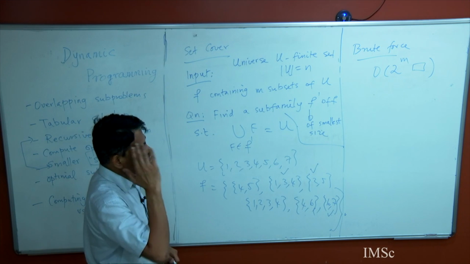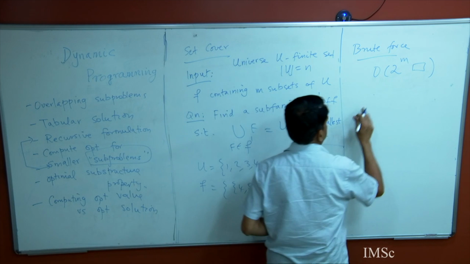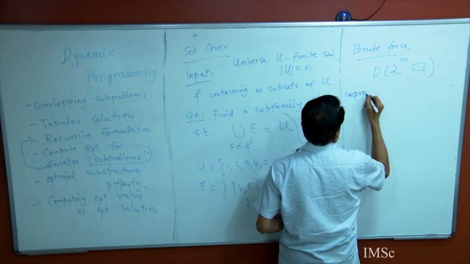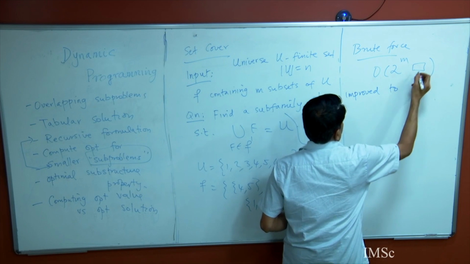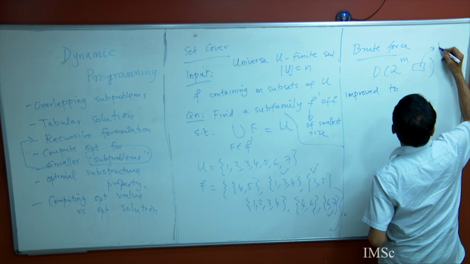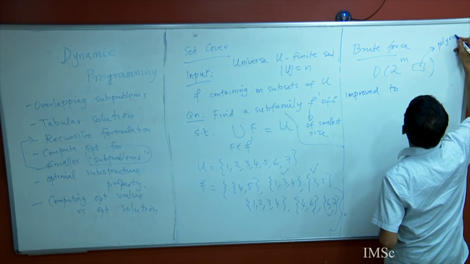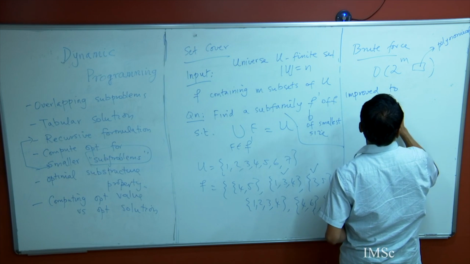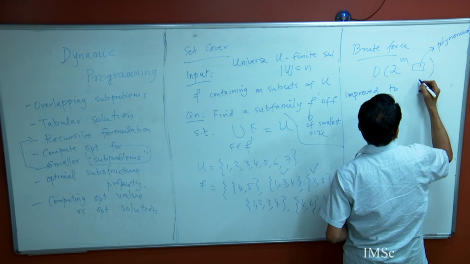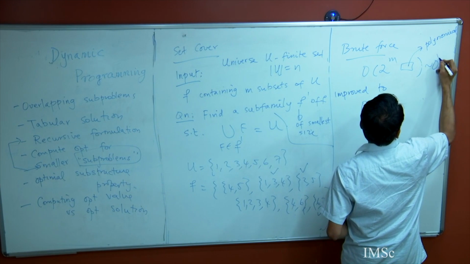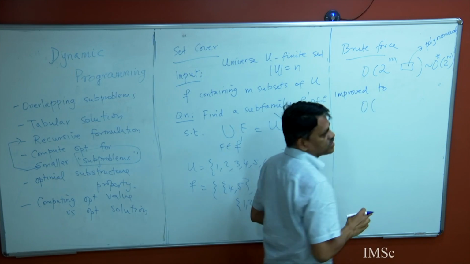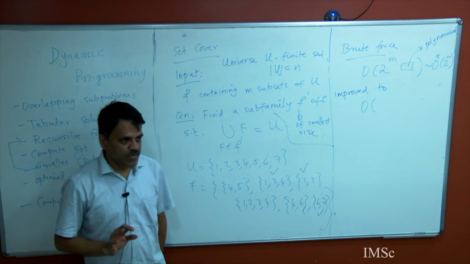Now, we want to improve it to 2 power n. There is some polynomial runtime which I am going to ignore. This has actually a notation, O star 2 power m, meaning I am ignoring some polynomial function in m and n.